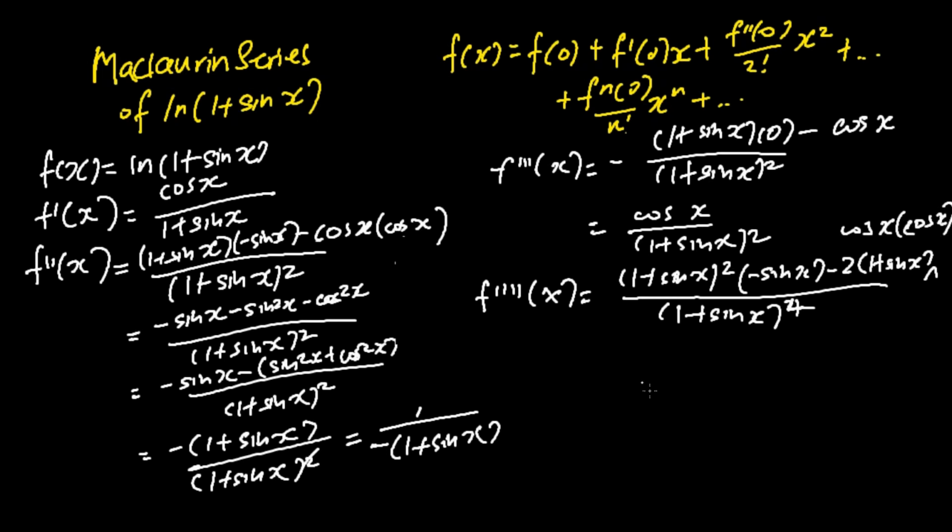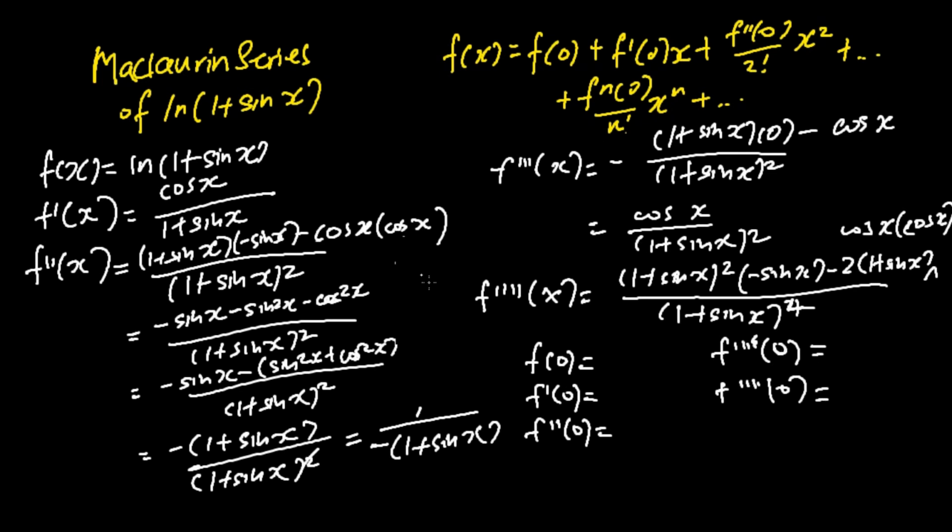And after which we'll evaluate this function at x equals 0. So we have f(0), f'(0), f''(0), f'''(0), and f 4 times prime (0).